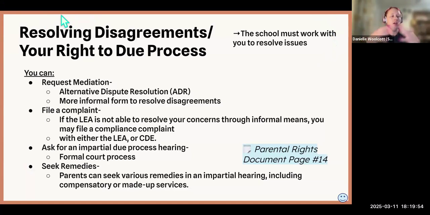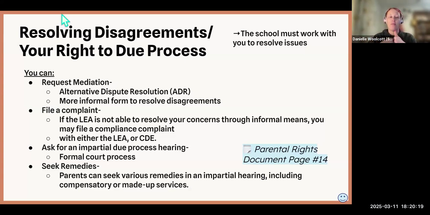If that is not working, you can request mediation. In Long Beach Unified, it's called an alternative dispute resolution, and you can reach out through the special education office website. There is contact information listed there, and it's a more informal way to resolve disagreements. So there is mediation involved, and we can talk about it and hopefully come to a resolution.